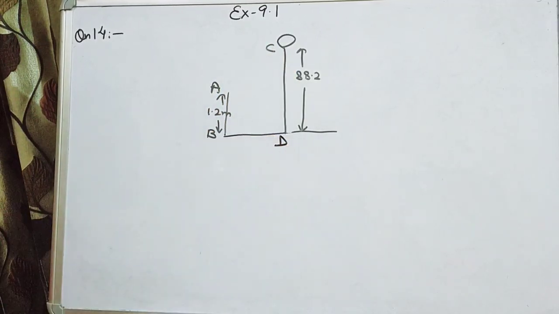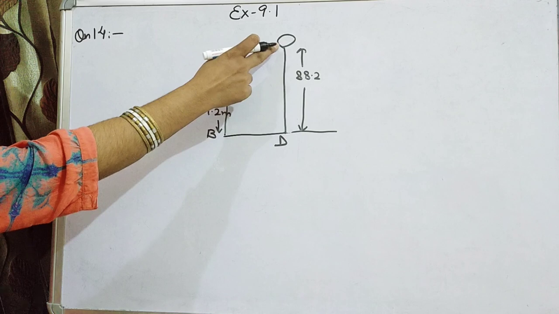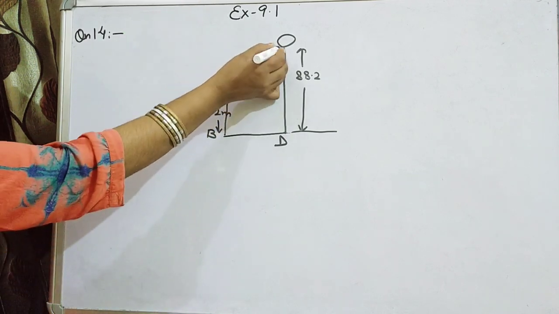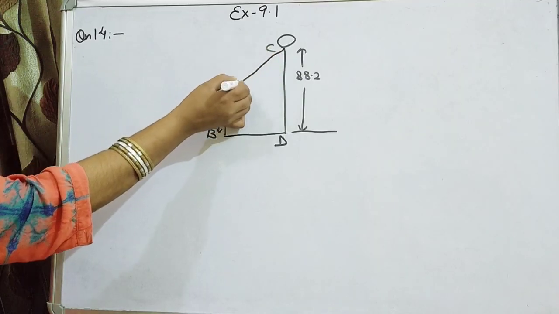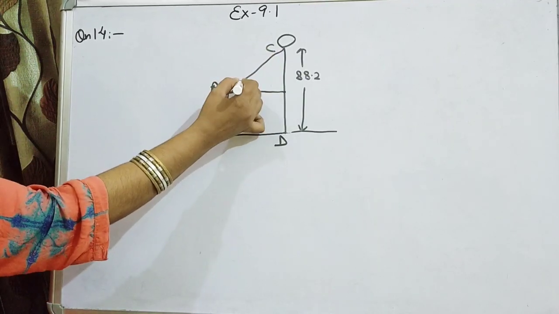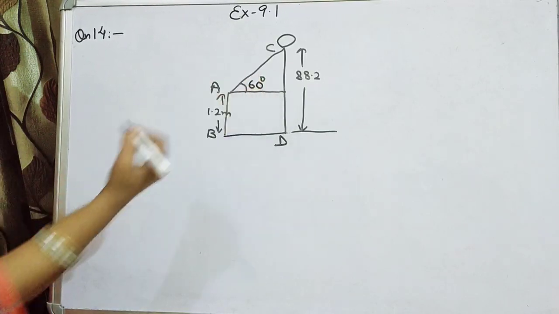Now what is saying in the question is that the angle of elevation from the eyes of the girl up to the balloon is 60 degree. So we have to join this line. This is the line of sight, and with the horizontal it is making an angle of elevation of 60 degree.